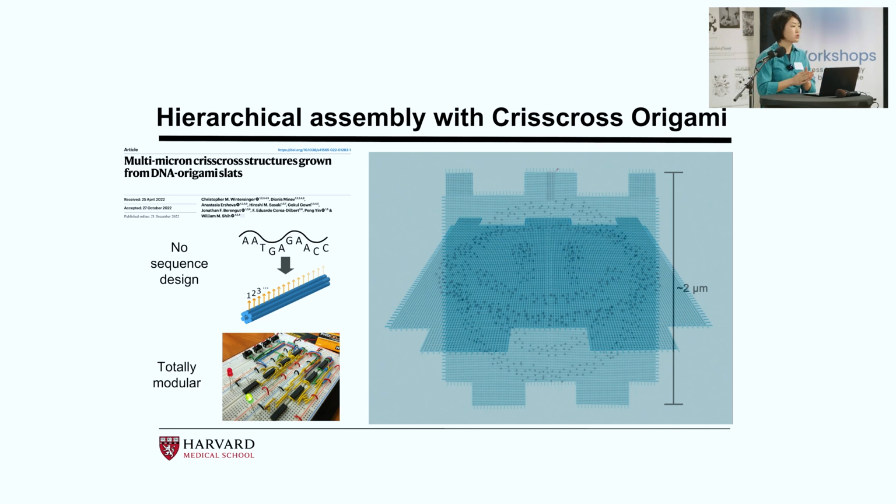We don't have to worry so much about the sequence design, which can be a barrier to entry for a lot of people trying to go into DNA origami. Another aspect is that because all of these slats are structurally totally identical, it's quite modular. So again, as I mentioned earlier, you can swap out the identity of those handles to program a different shape, or you can add different functionalizations to the structure.